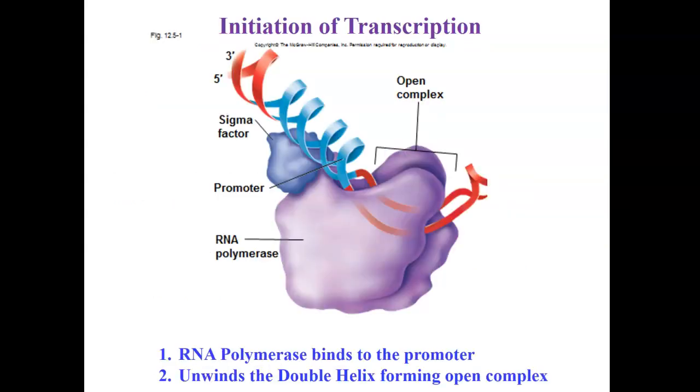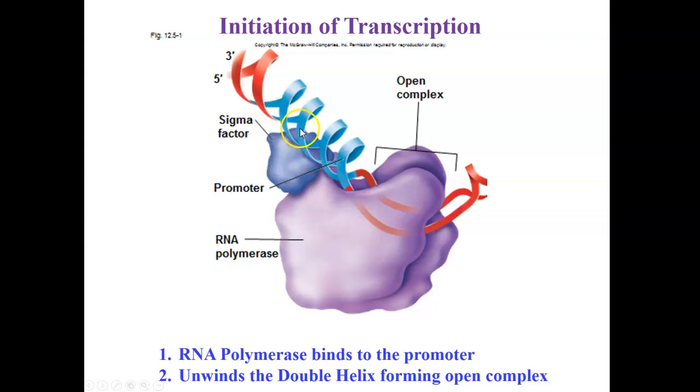All right, so let's look at the actual process of initiation of transcription. So again, the key is that in the promoter region, we have RNA polymerase that is going to bind in that promoter. And if we're looking at bacteria, they have something called a sigma factor. Sigma factor is important for binding.